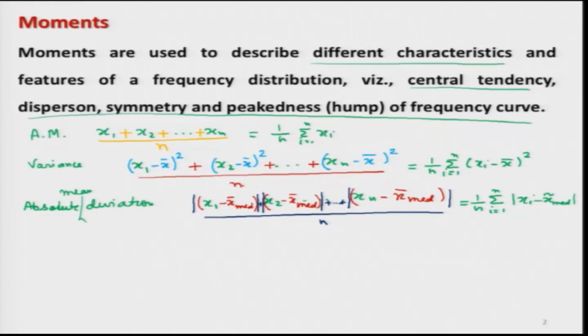Now, looking at these three examples, you can see what we are essentially trying to do. We consider the deviation x1 minus some arbitrary value a, the deviation of the second observation from a, and the deviation of the nth observation from a. Then I use a suitable power function on these deviations.